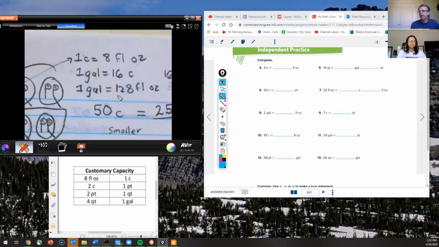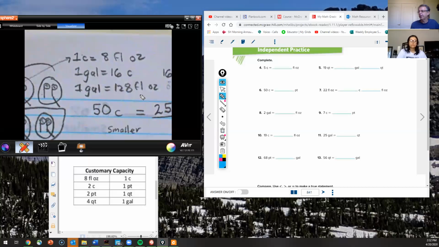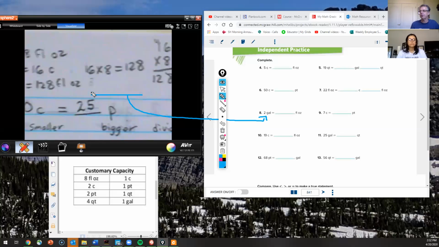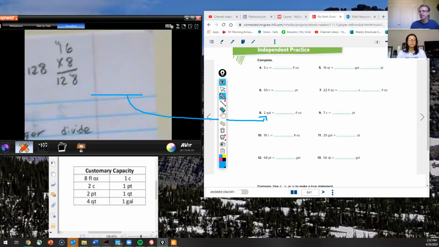Once I look at my problem over here, the number 8, I want to ask a question. Am I done? No, I'm not. 2 gallons is how many I need to know. 2 gallons equals how many fluid ounces? Well, now that I know how much is in 1 gallon, I can take the 128. I'm going to have to make some space, because I want to write it out so it's easy.